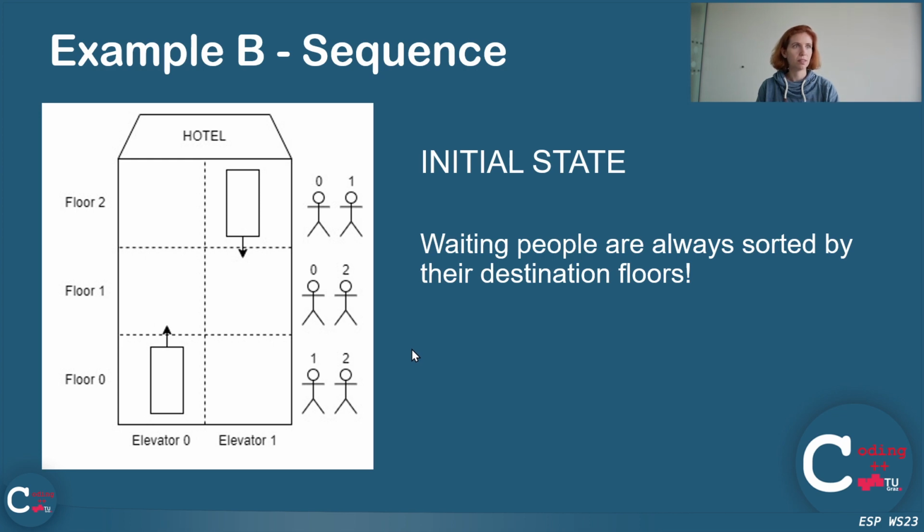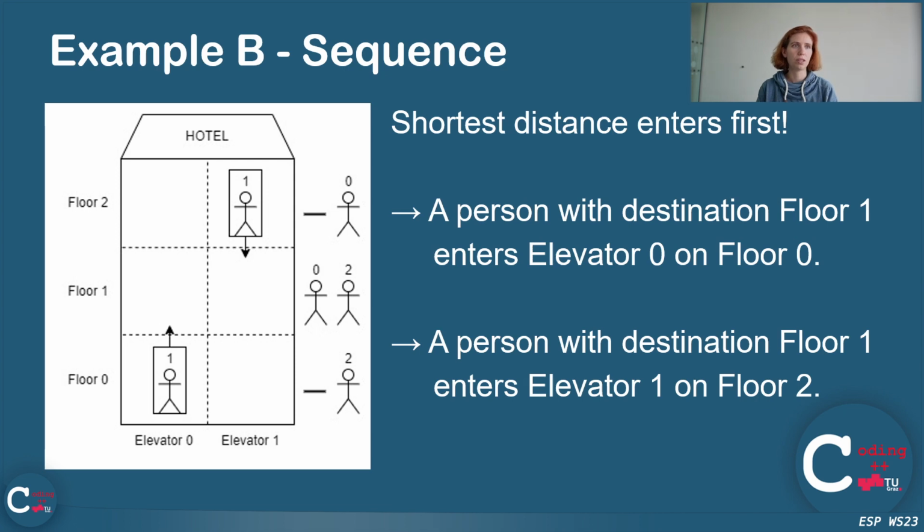So we will take a look at the first step. Nobody has left the elevators because nobody was in there, but people have entered the elevators. In this case, we had 1 person who wanted to go to floor 1 and 1 person who wanted to go to floor 0. Only 1 person can fit in the elevator because we have capacity 1.